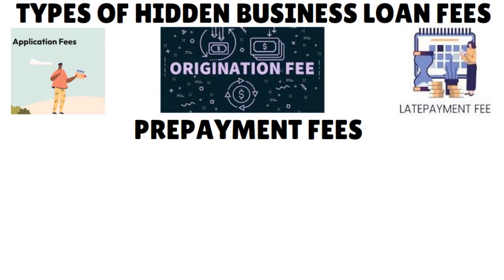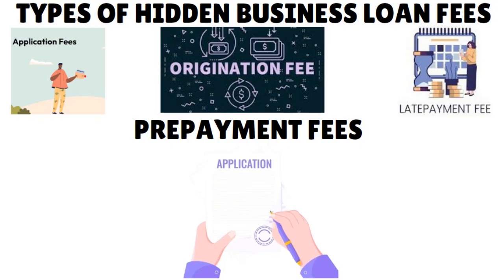So when I say application fees, lenders are charging you just to process an application. If you'd like to take out a loan, you'll be required to fill out an application online or in person. If you're going to a bank or a credit union, it will be an in-person application. But if you do it online, it will be an online application.